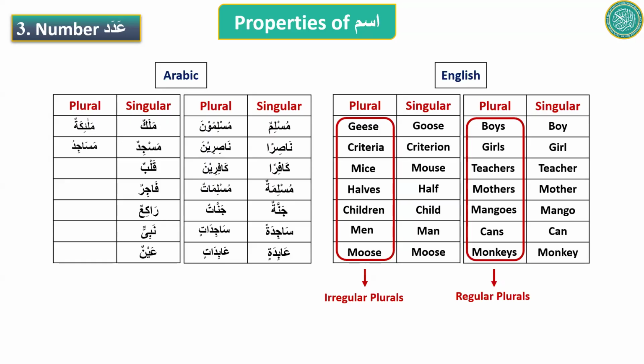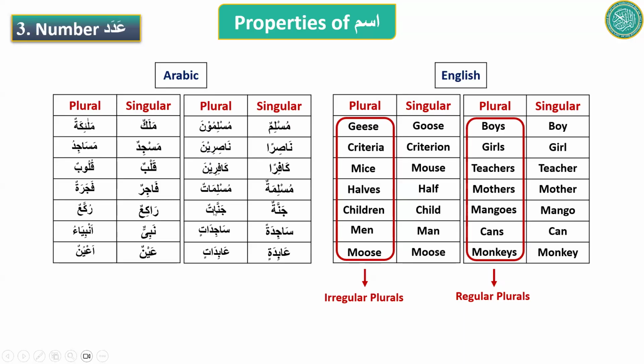Masjidun is masajidu. Kalbun is kulubun. Fajirun is fajaratun. Rakiun is rukkaun. Nabiyun is ambiya'u. Ainun, ayunun. So there is no pattern here. It's all random. In the first type, there are only four types.